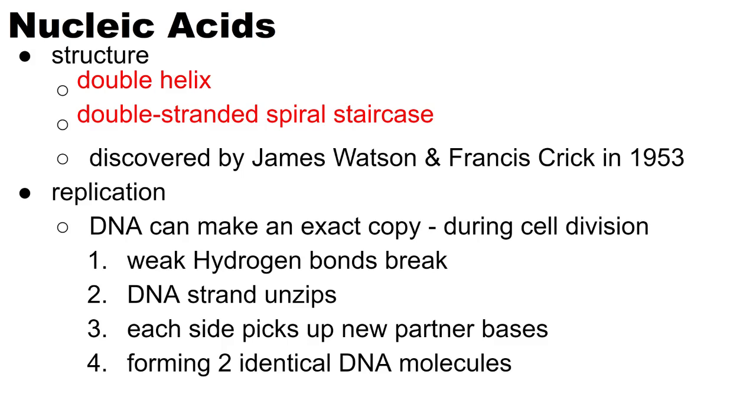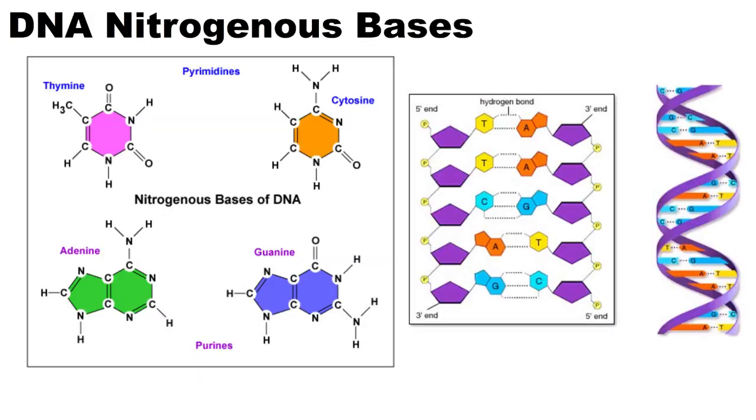An enzyme helps this to happen. Then new nucleotides attach on each side. And then eventually, after that happens through the whole strand of DNA, what you end up with are two identical copies of the DNA. They're all exactly the same. And so the DNA has replicated as copies. So that's how DNA replicates.